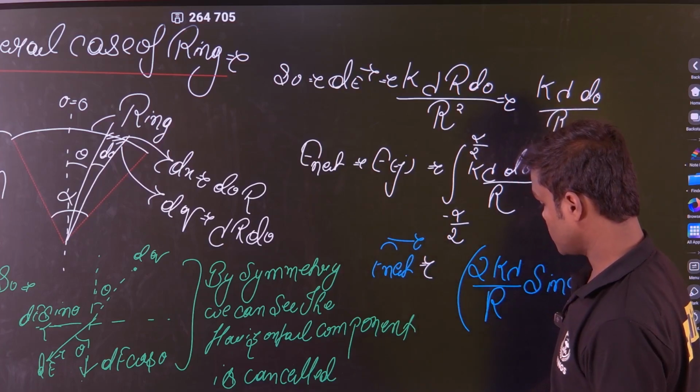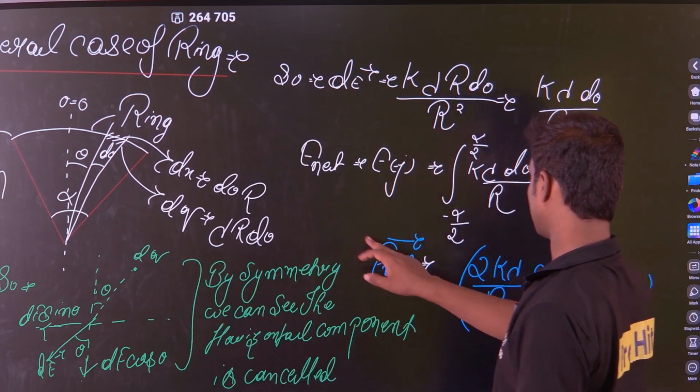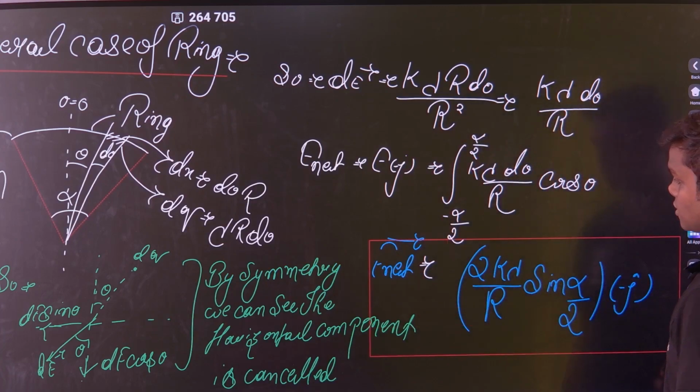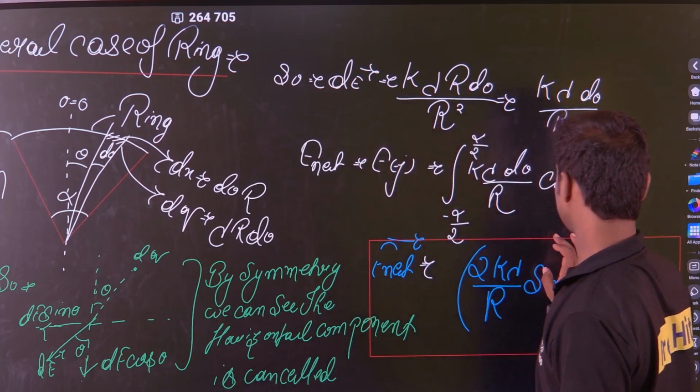Now you have to remember this formula because it covers all the cases. Whatever cases you know, it covers all the cases. That is better if you know this formula.